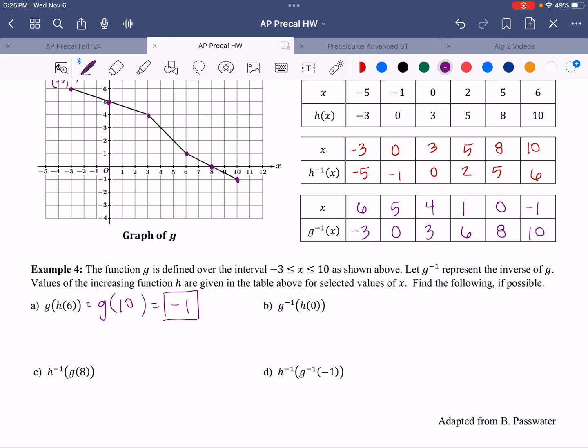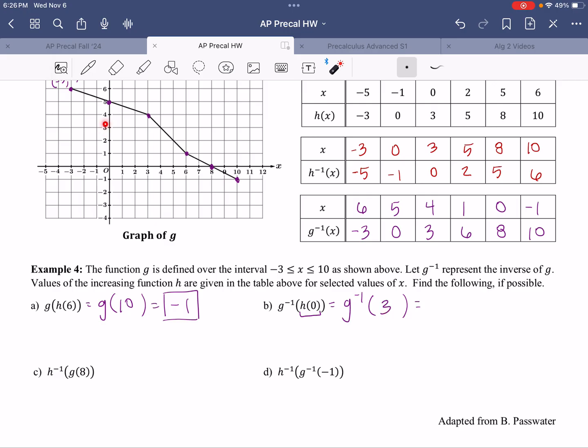B says the inverse of g of h of 0. So start with h of 0, meaning we're going to look at this table. h of 0 is 3, so that becomes our input in the inverse of g. I'm going to look at the table where we switched these points. Oh, wow, okay. I don't have that on my table. So I'm going to go to the graph and see if I'm looking at the inverse, right?